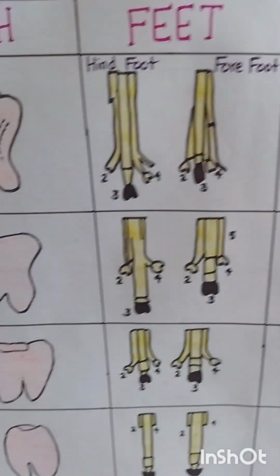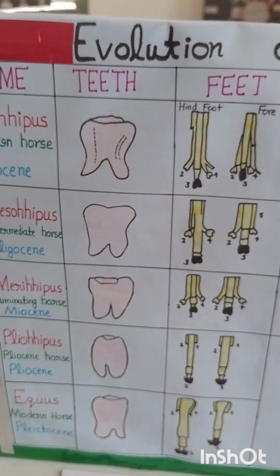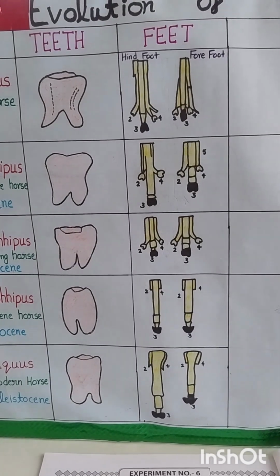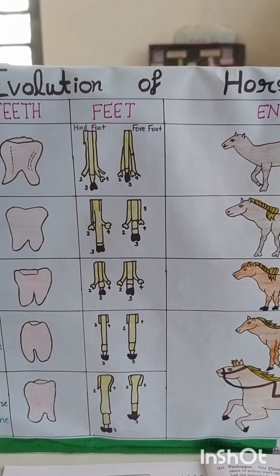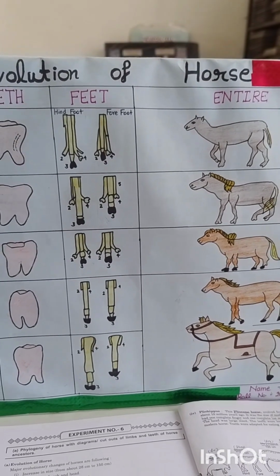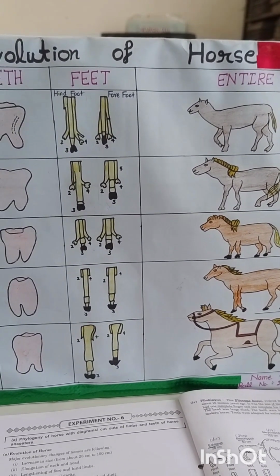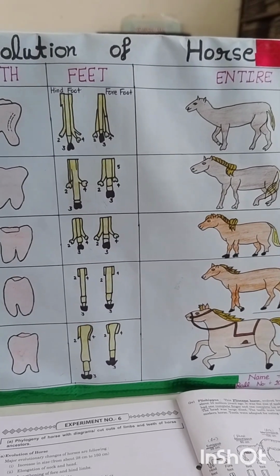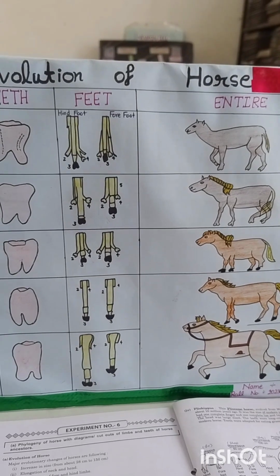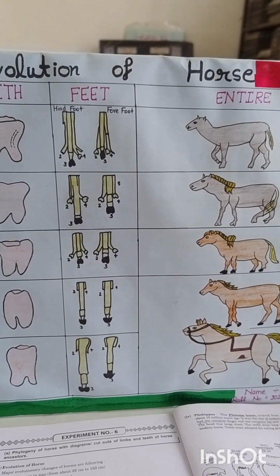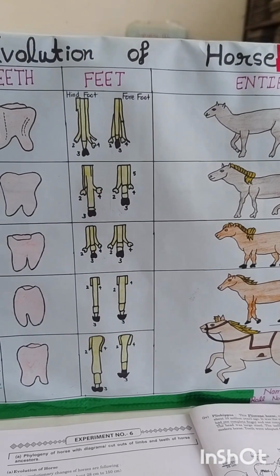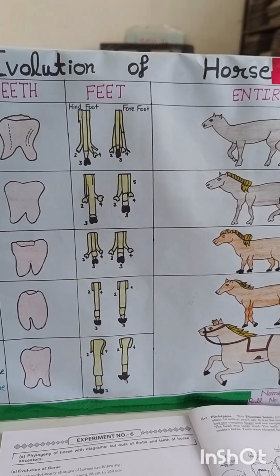So firstly, the main changes that take place in evolution are an increase in size. Then you can see evolution of the neck and head, changes in the forelimbs and hind limbs, lateral digits, an increase in the thickness of the digits, an increase in the height of molars, an increase in the height of the horse, and a change in the size and complexity of the brain.